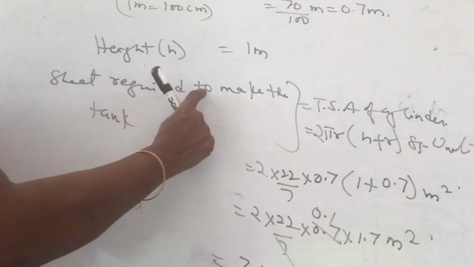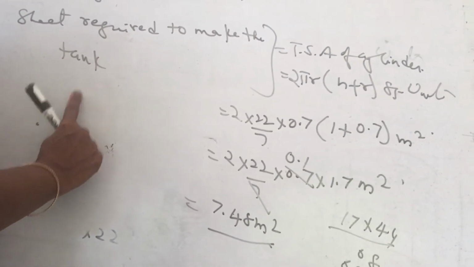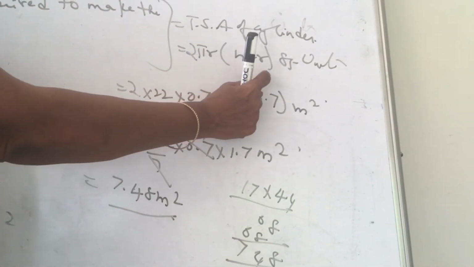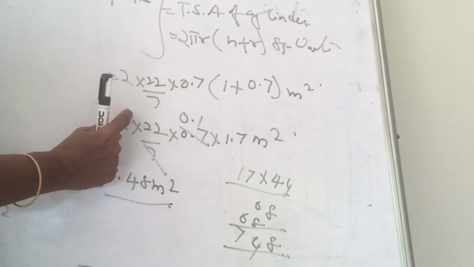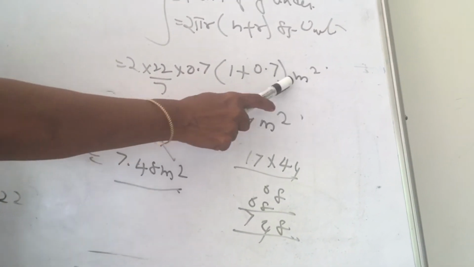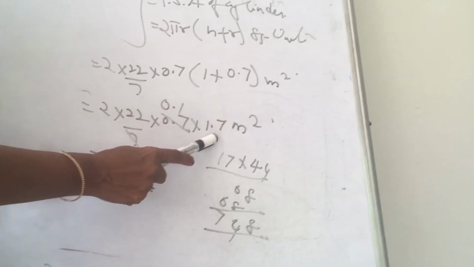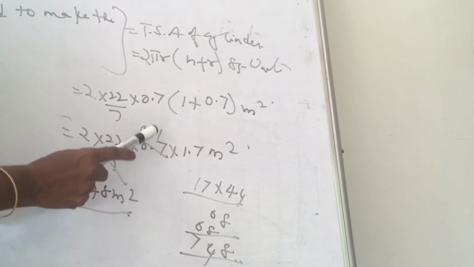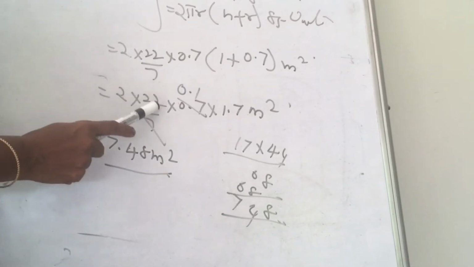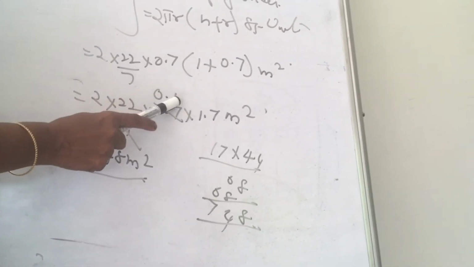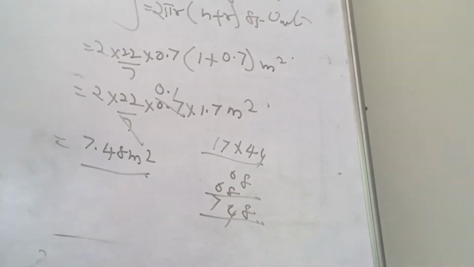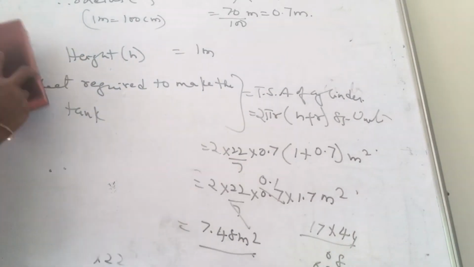Sheet required to make the tank is nothing but the TSA of the cylinder, which is equal to 2 pi r into h plus r square units. R is 0.7 into 1 plus 0.7 is what, children? 1.7. 7 divides how many times? 0.1. Multiply 2 into 22, 44 into 1, 44 into 17. Put the point, 7.48 meters square.